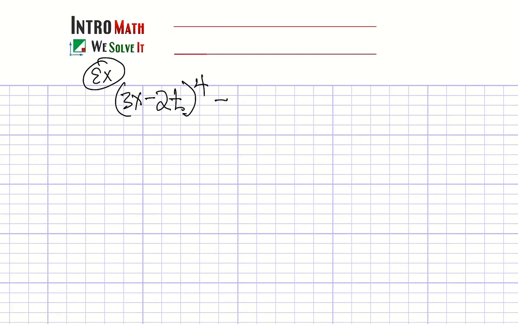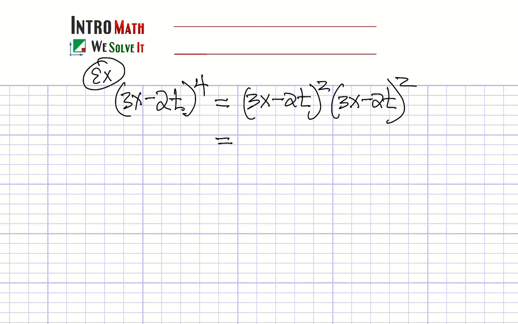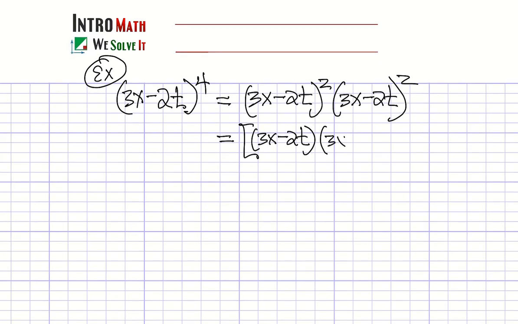So you can do it this way: 3x minus 2t, and then 3x minus 2t, like that. We didn't do anything wrong. And then we can also write it like this: 3x minus 2t times 3x minus 2t all raised to power 2.